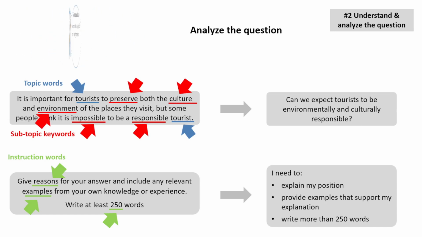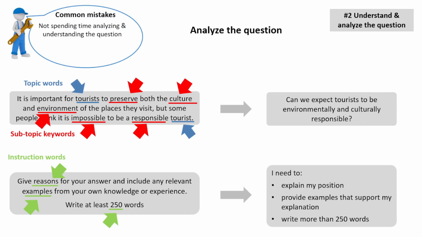So the most common mistake that students make is not spending enough time analysing and understanding the question. And as a result of that, writing about the general topic rather than about the specific aspect that they're being asked to write about.